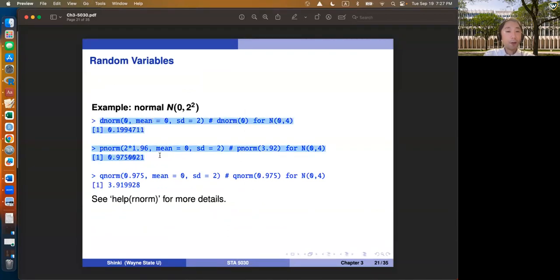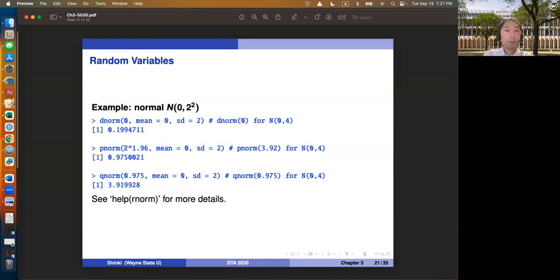For the dnorm, pnorm, qnorm, and also rnorm functions, we can specify the mean and standard deviation. So pnorm of 3.92 is equal to 0.975, because if we set the standard deviation twice as large, the threshold value also becomes twice as large compared to the standard normal distribution.